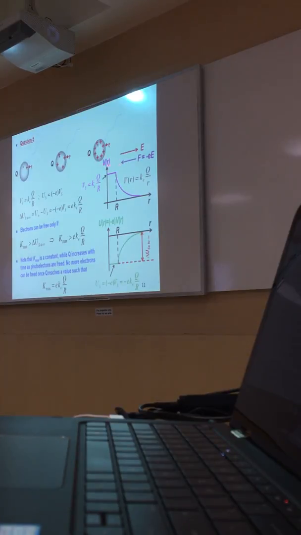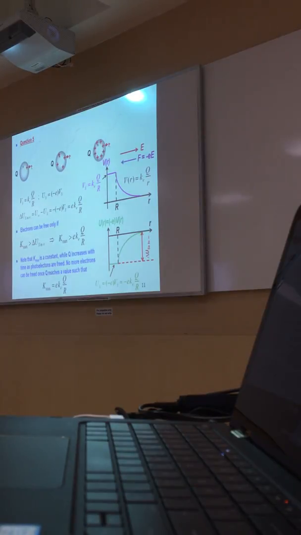So I take V(r) multiplied by minus e. Then the function I obtain will be the potential energy of the electron. So when you take this purple curve multiplied by minus e, you'll get this green curve. It's now negative. So this gives us the potential energy of the electron inside the sphere and outside the sphere.